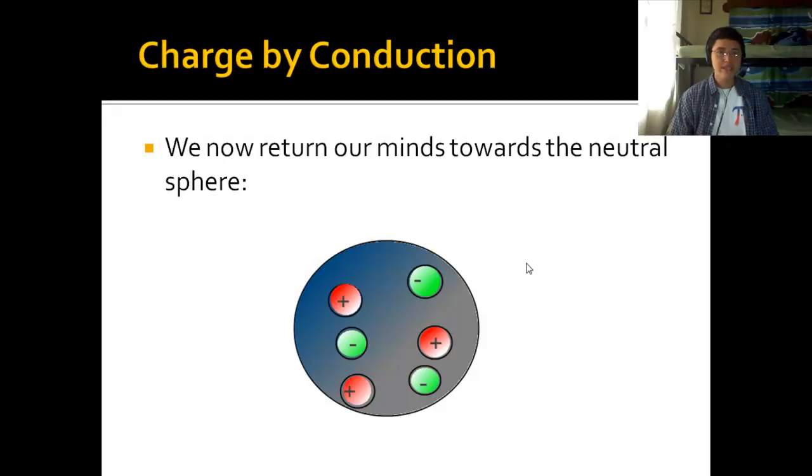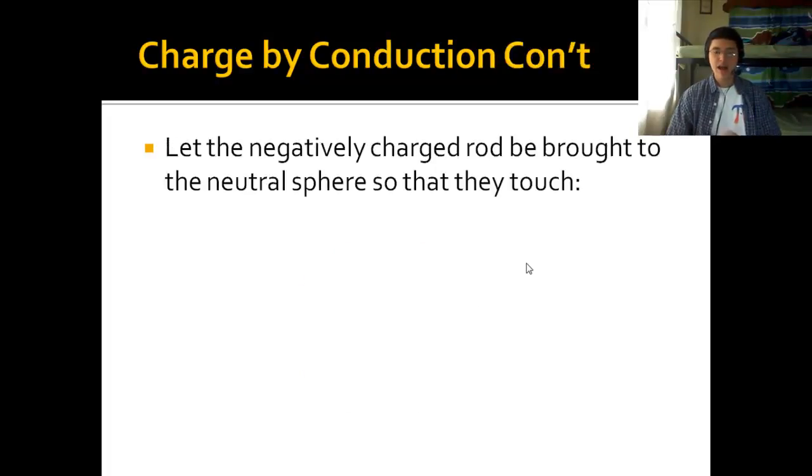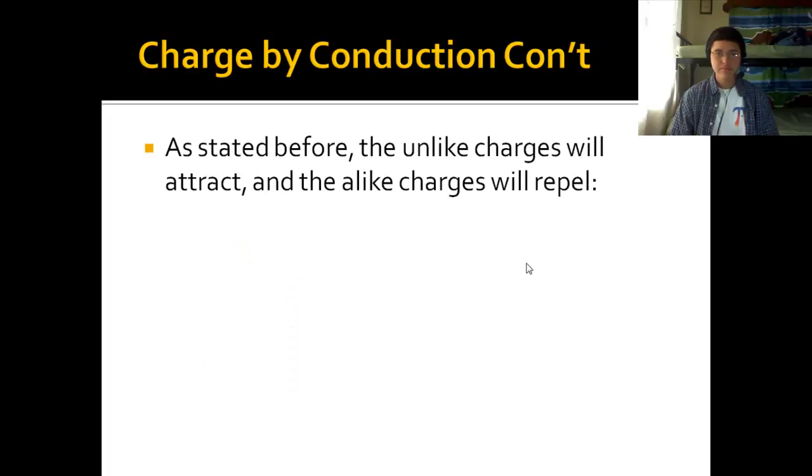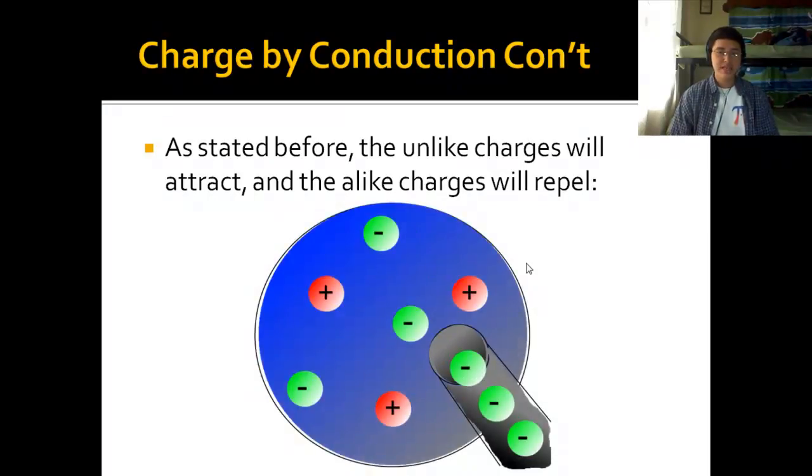Now we can start with charge by conduction. If we now return to the neutral sphere, if we bring a negatively charged rod to the neutral sphere so that they touch, as stated before, the unlike charges will attract and the like charges will repel.